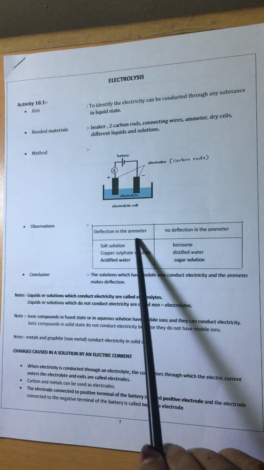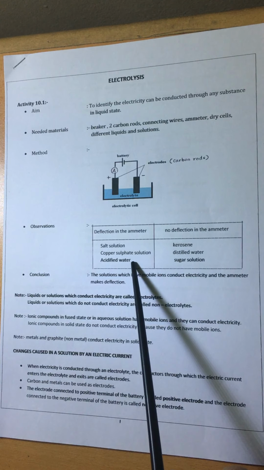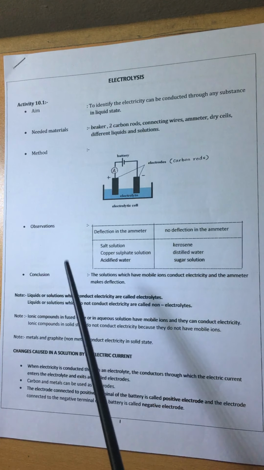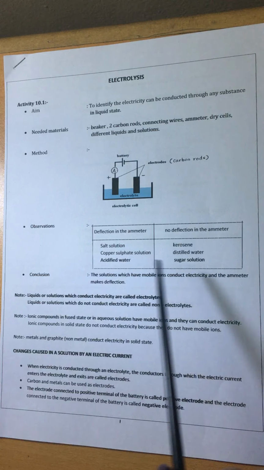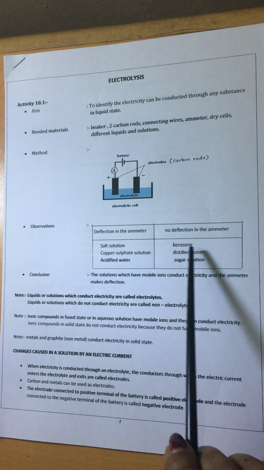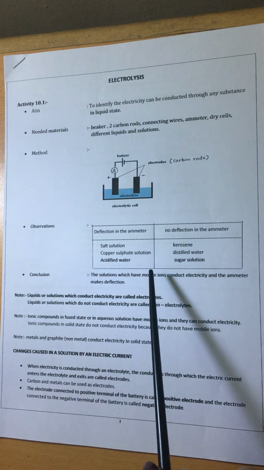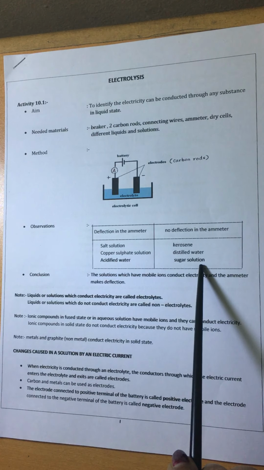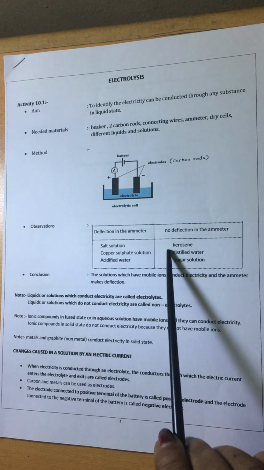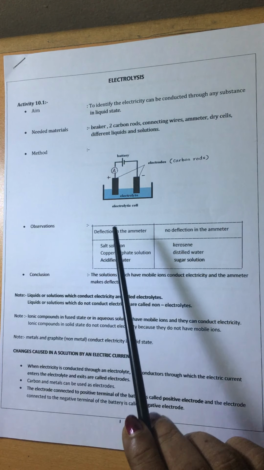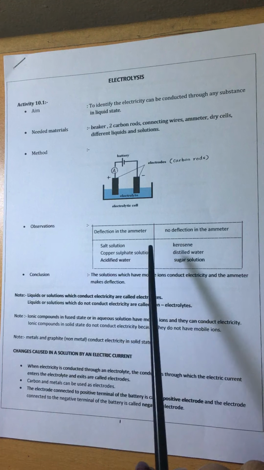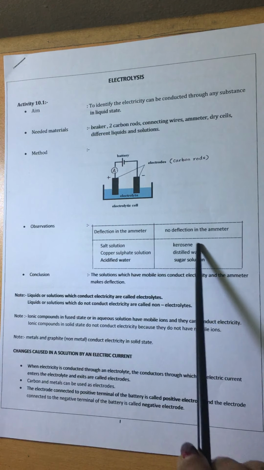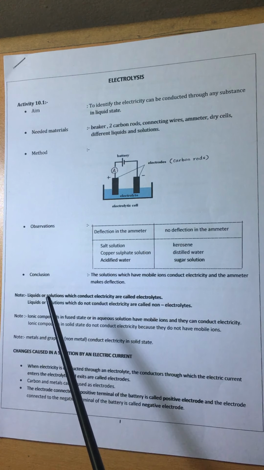Those can conduct electricity. When you use these 3 in this experiment, the ammeter deflects. Here kerosene is a liquid, a pure substance, distilled water is also a liquid, and sugar solution is sugar with water. When you use these 3, the ammeter does not deflect. That means these liquids and solutions do not conduct electricity.